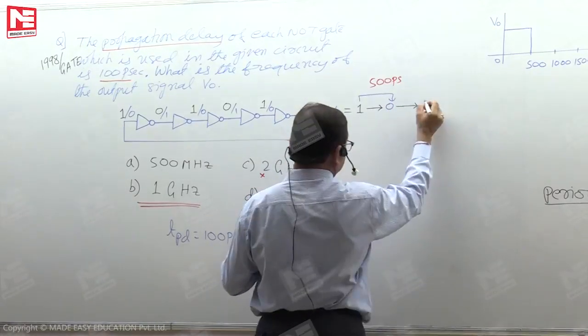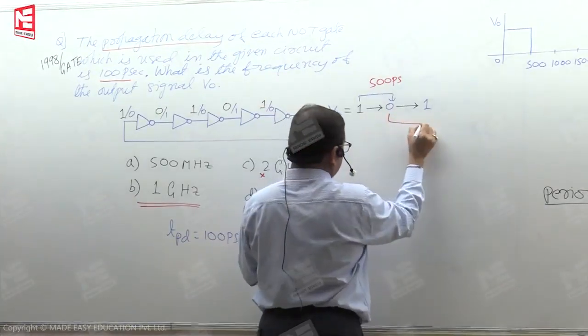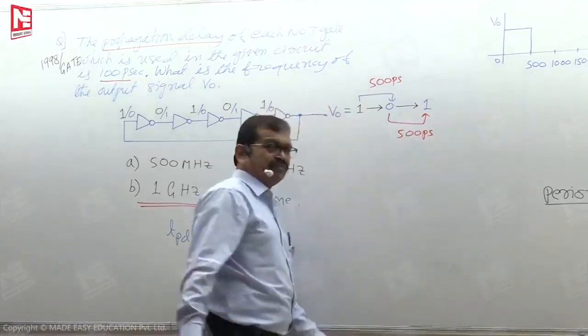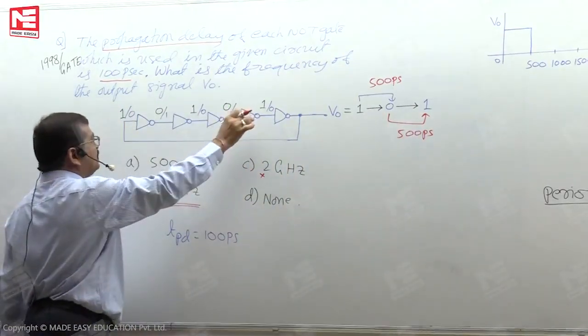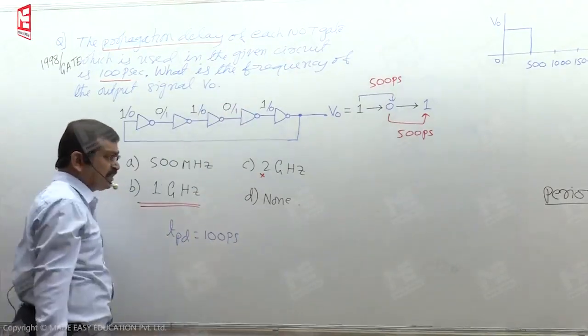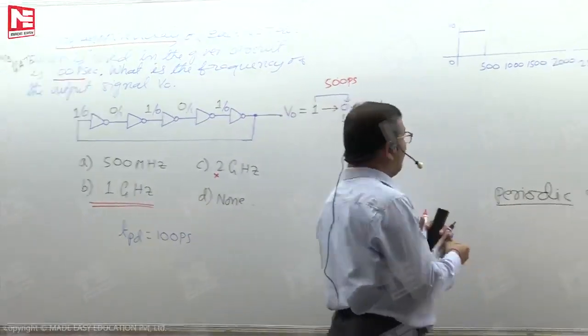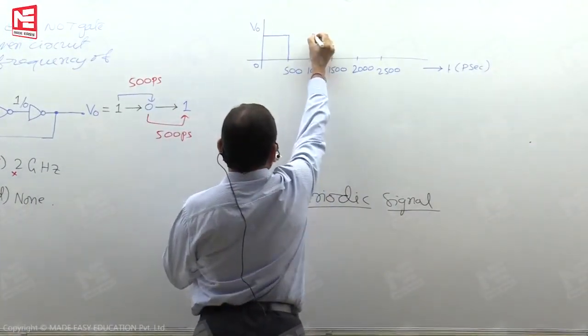So to switch again from 0 to 1, the time involved is 500 picoseconds, because in this feedback loop there are a total of 5 NOT gates, so 5 into 100 picoseconds, 500 picoseconds.